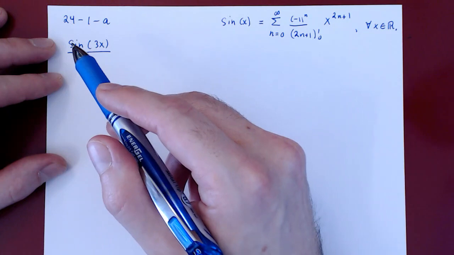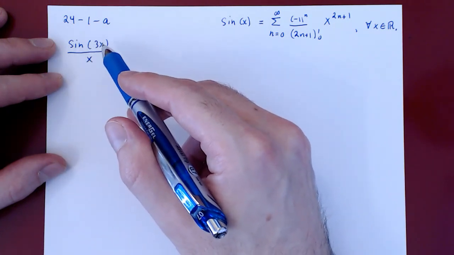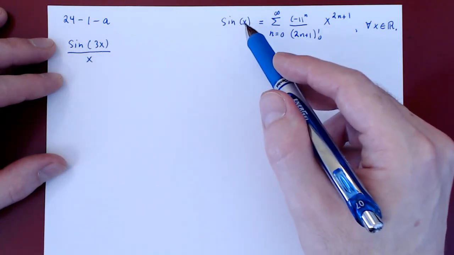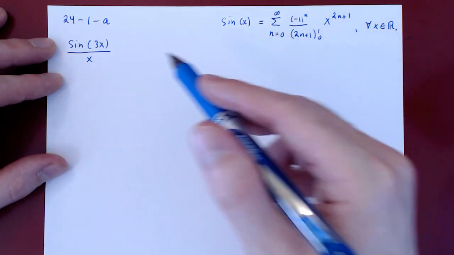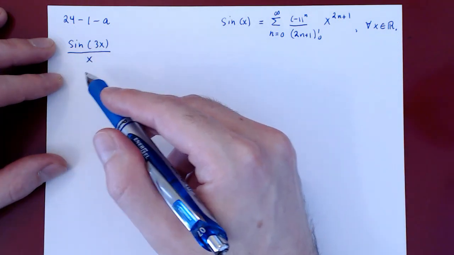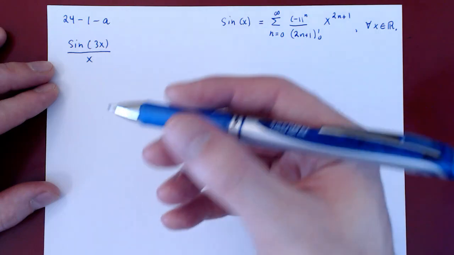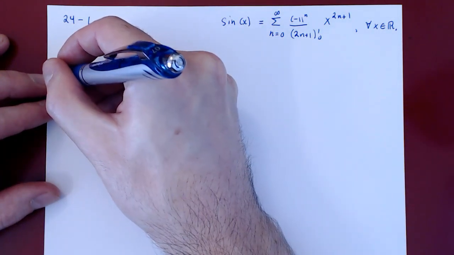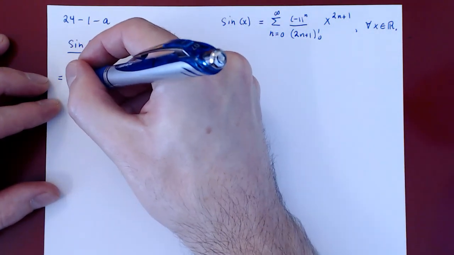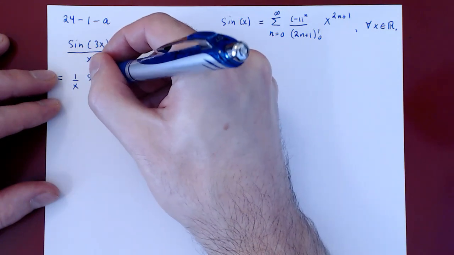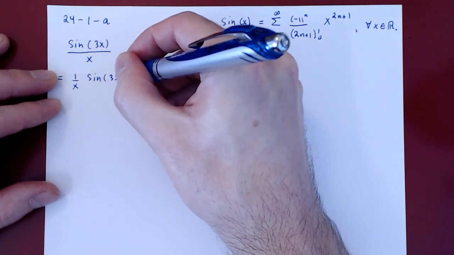Well, what we are interested in here is sine of 3x. So we are going to replace x by 3x. There is this matter of the division by x, but that is easily resolved if we rewrite the function as simply 1 over x times sine of 3x.